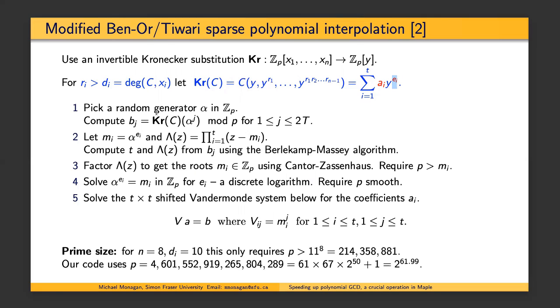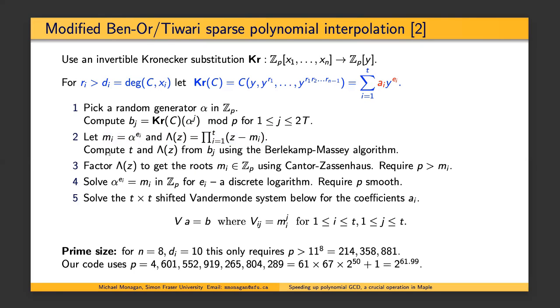The algorithm goes as follows. We pick a random generator alpha from the integers mod p. Our points are now the Kronecker mapping of C evaluated at powers of alpha to the j, same range. This time, mi will be alpha to the ei, and we let lambda of z have roots mi as before.